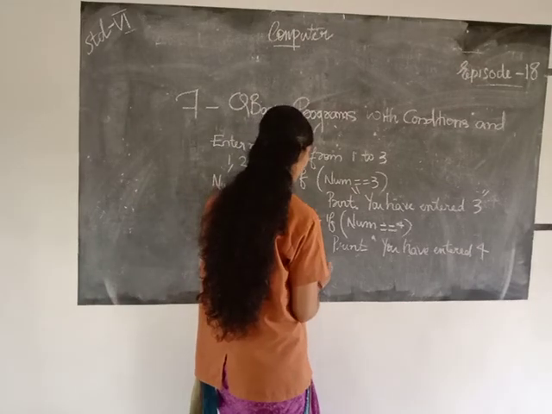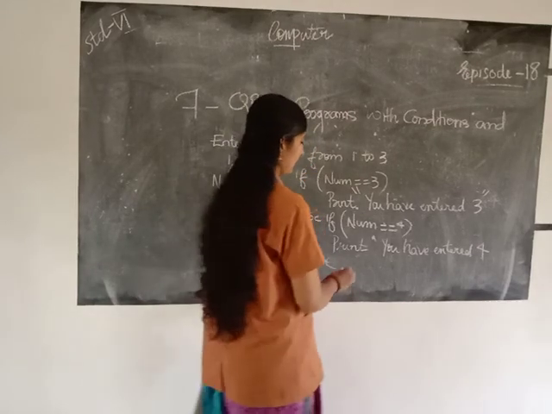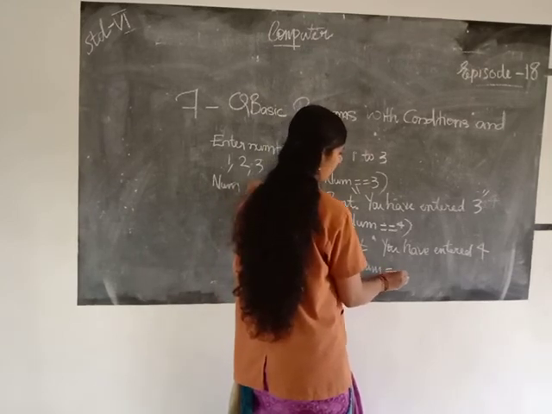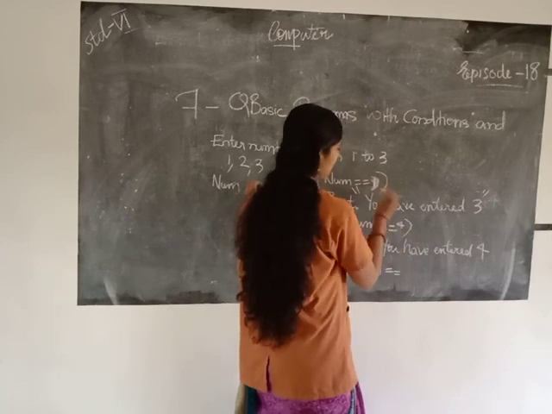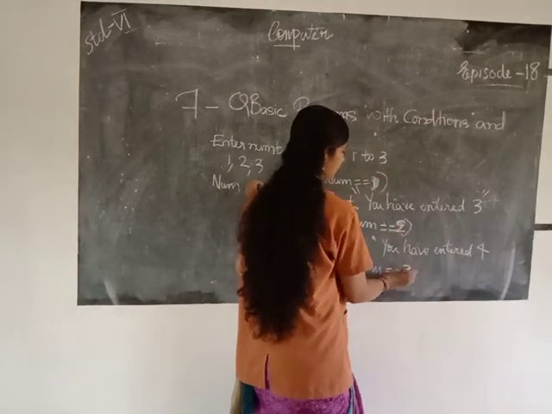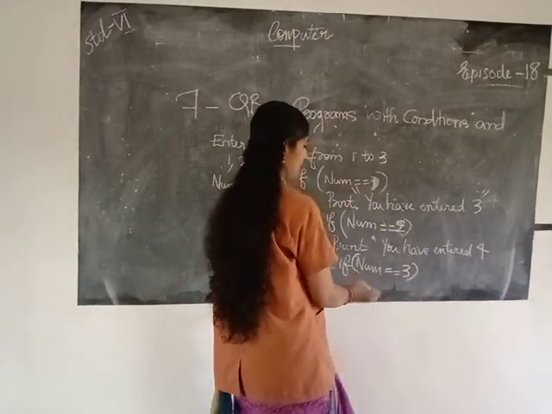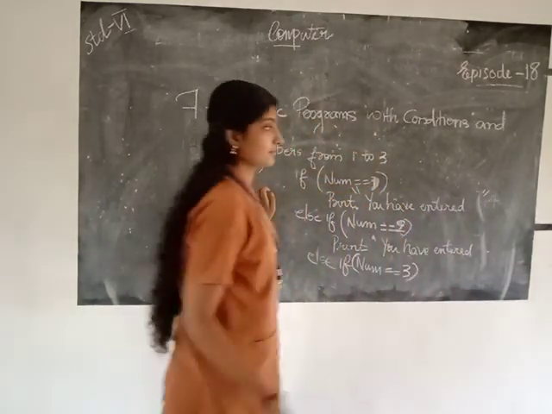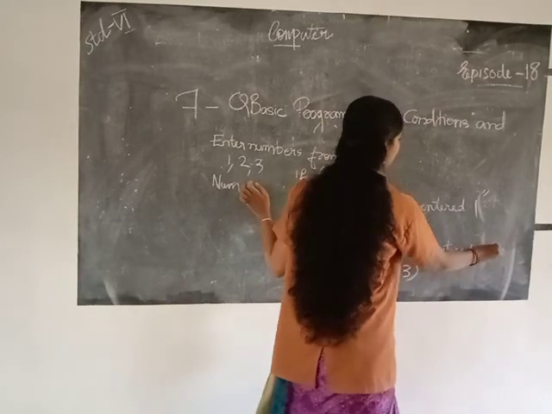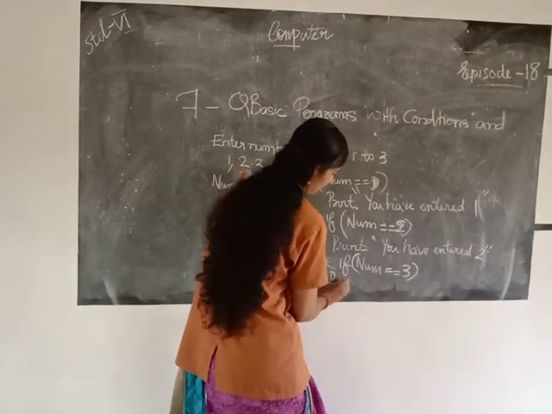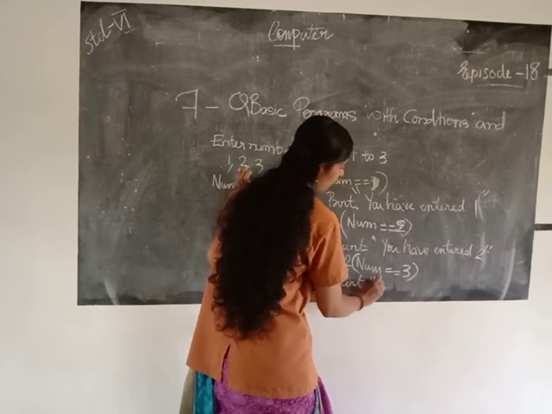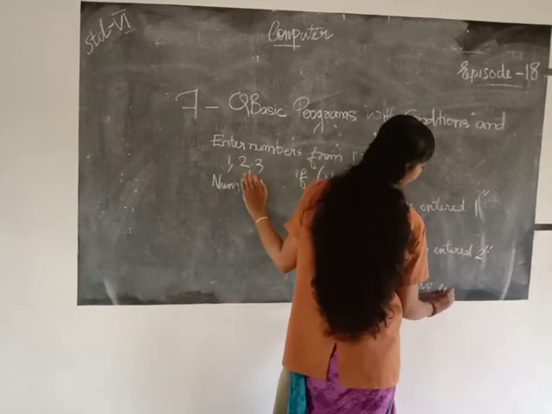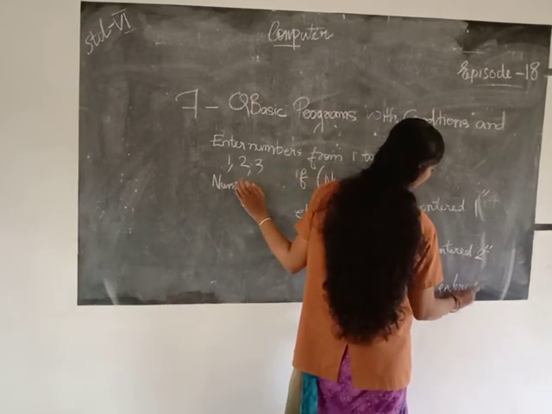Then next, else if num equal to 3, then print you have entered number 3.